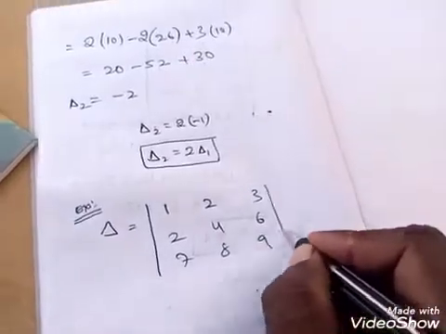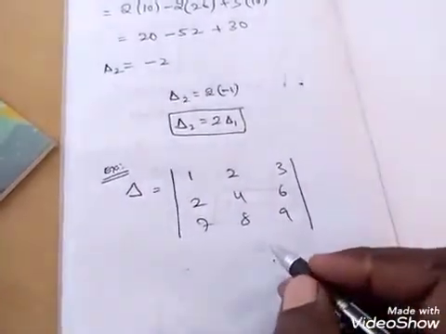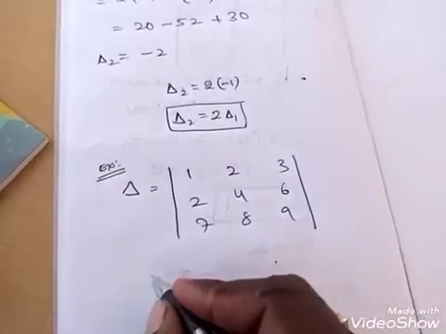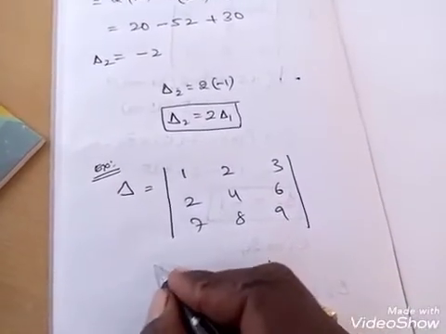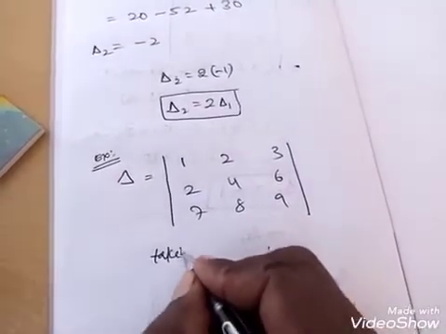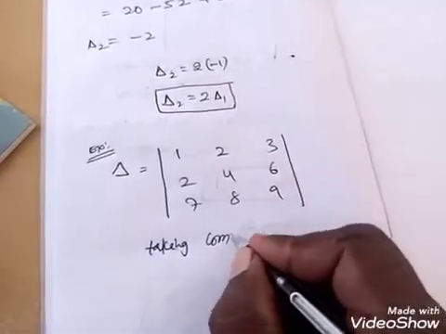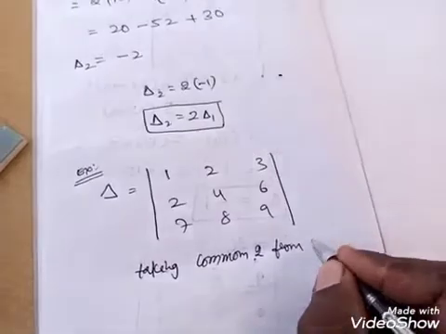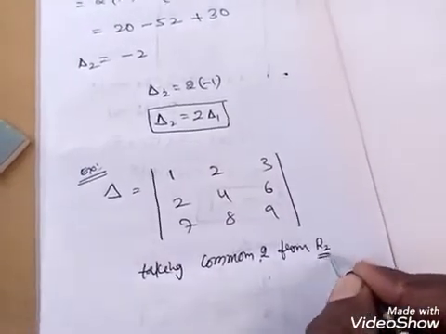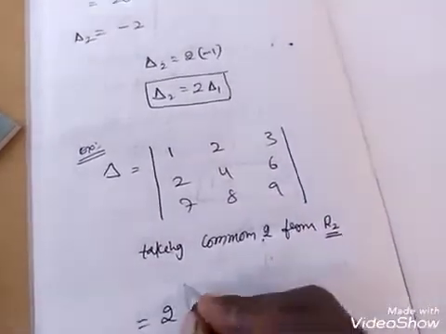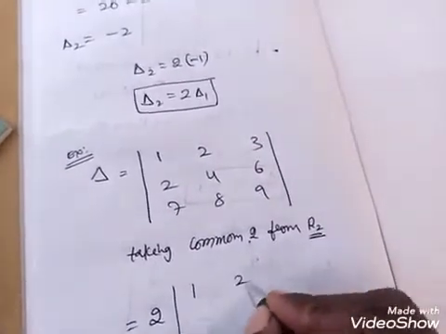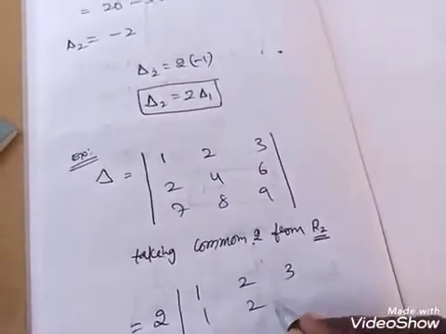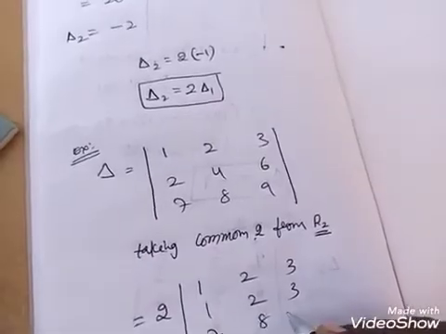Instead of calculating this determinant directly, I take common 2 from row 2. So 2 into the determinant with rows 1, 2, 3; again 1, 2, 3; and 7, 8, 9.